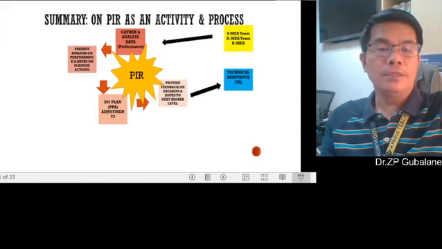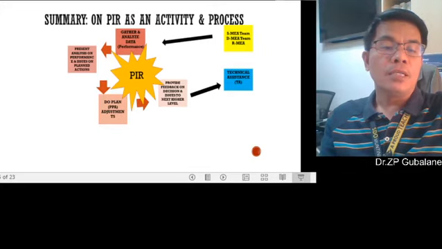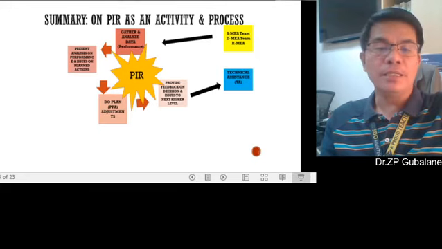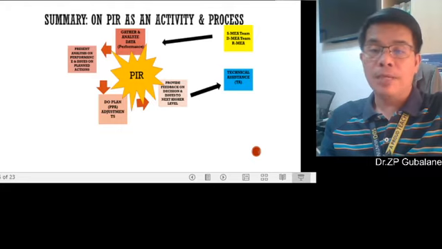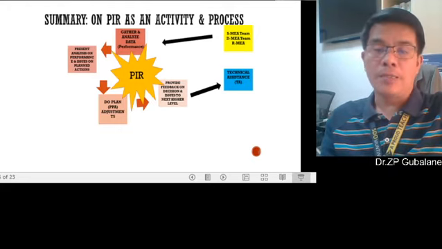And then the next arrow points to the next box, do plan. So in planning, there are programs, there are projects, there are activities. And of course, planning involves adjustment of plan in a particular time duration.